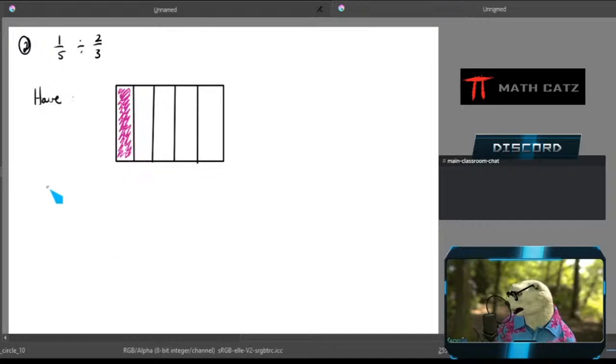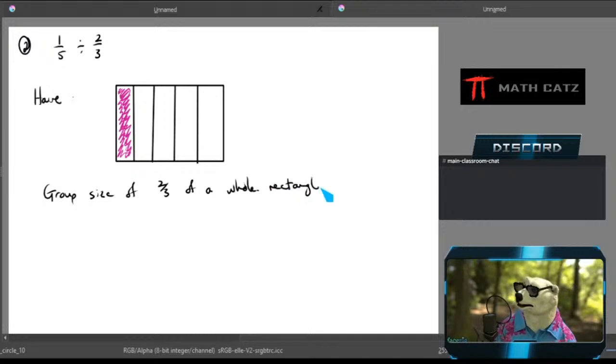So now, understanding what the division is instructing me to do, I need to look at group size of 2/3 of a, oopsie, a whole rectangle. Let's emphasize rectangle. That means 2 of 3 rows. Oh, it's 2/3 again. Oh, I'm sorry. That's not very original, but we're already in it.